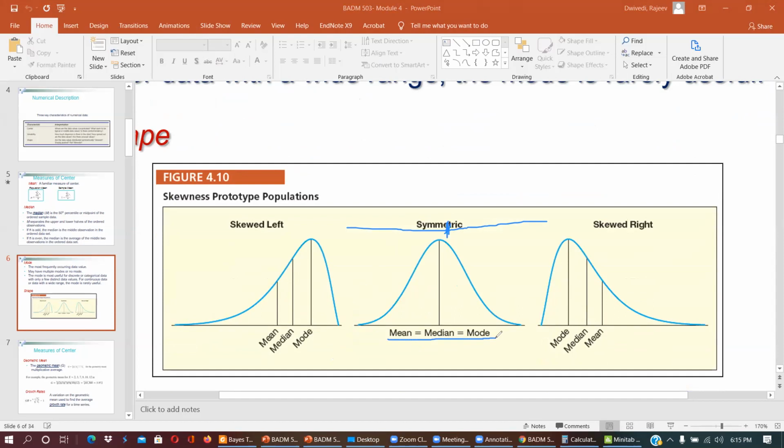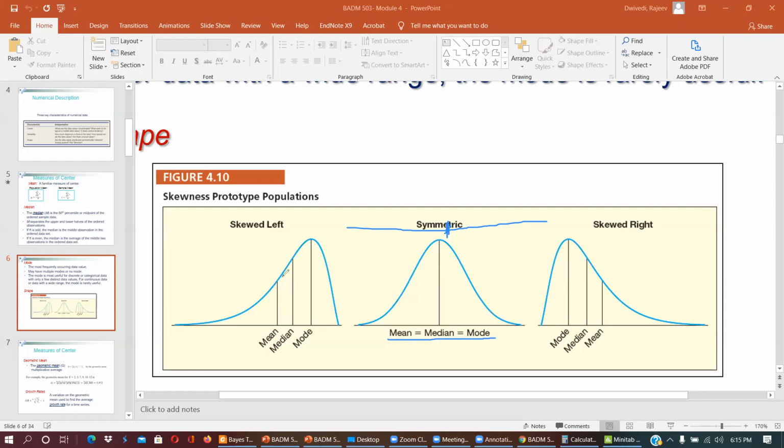Wherever you see this situation, you can blindly say the data is perfectly normally distributed. Ideally, this is practically not possible, because you can't have the exact same number for mean, mode, and median if you are treating a large amount of data. What you can say is, if they are close or approximately equal to each other, you can say this situation.